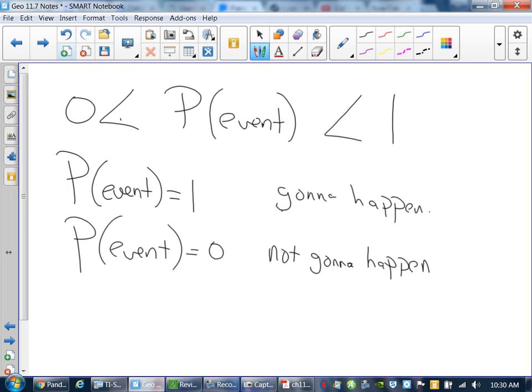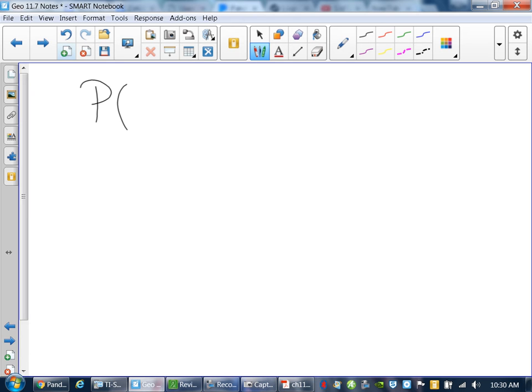Now, the probability of being dealt 4 aces. Well, how many aces are in a deck? 4 of them. So if I flip over a card, the probability of that one card being an ace is 1 out of how many? 52.